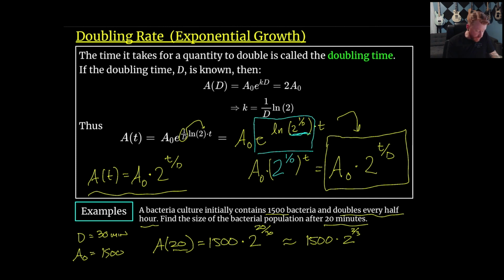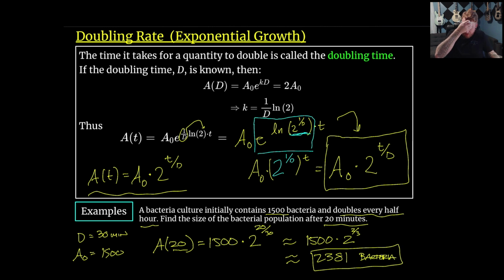And I'll multiply that by my initial amount of 1,500. And we get that this is about 2381. So this tells us that if the doubling rate here is every half hour, then after 20 minutes, an initial population of 1,500 should become 2381.